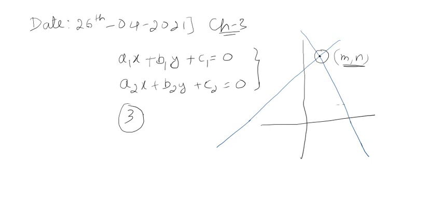Is this clear what I said? Yes, it is a unique solution. That is good. Now there may be one more possible thing, that the two lines may not cross like this. The second line which we draw, let us say it is something like this.